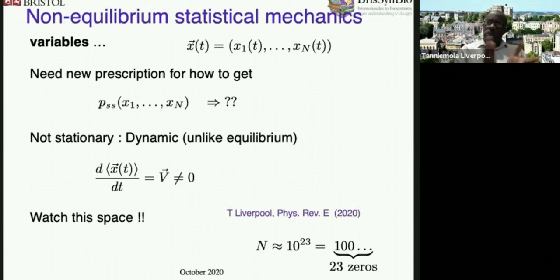We need some way to get the probability, but it's not stationary. So we need this new framework which allows us to describe these complicated systems which are being driven energetically. This is an area of active research. I have a paper this year which says something about it. Other people have ideas about it. It's not done. This is a work in progress. See my paper from early this year.